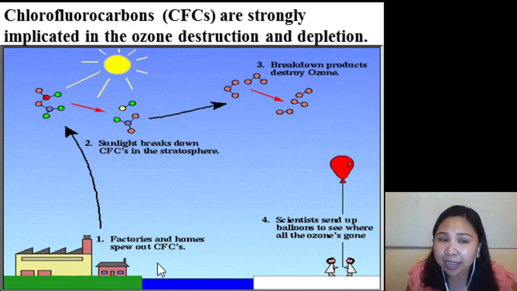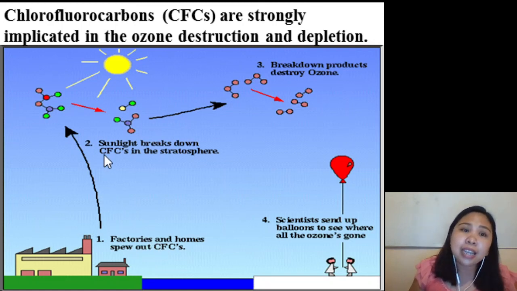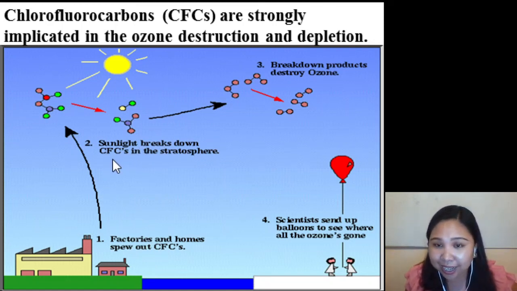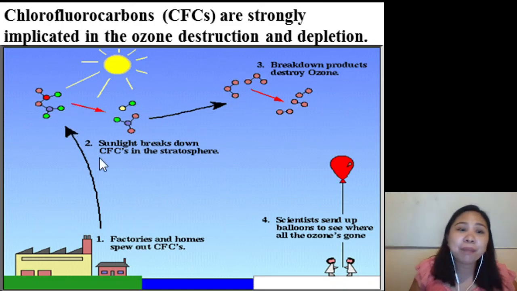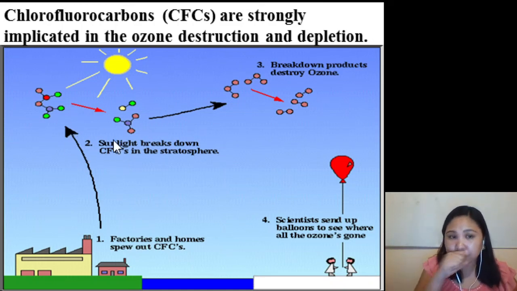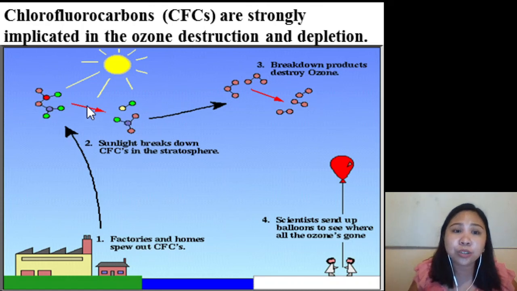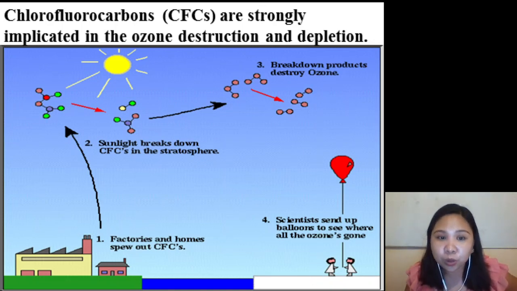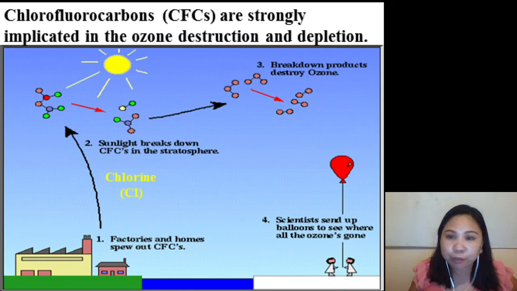Then, anong nangyayari whenever we release? So, sunlight breaks down CFCs in the stratosphere. Okay? So, kapag na-break down ng sunlight itong mga CFCs, ang sunod na mangyayari, its break down products destroy our own ozone. I think meron yan ditong chemical formula. Ayan. So, example, the chlorine.